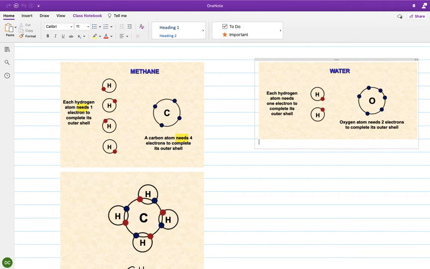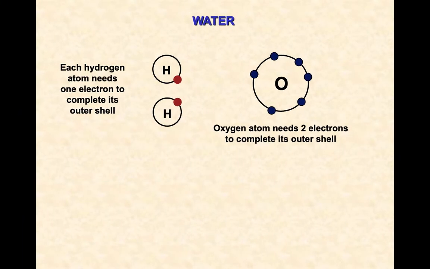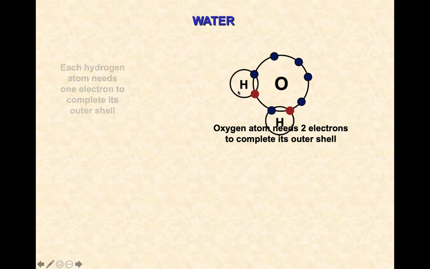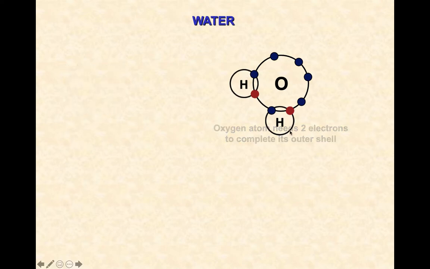Each hydrogen needs an electron, and the oxygen actually needs 2 electrons. Everyone is in need again. So what are they going to do? They are going to share. So now the hydrogens have their full outer shells, and the oxygen has a full outer shell.